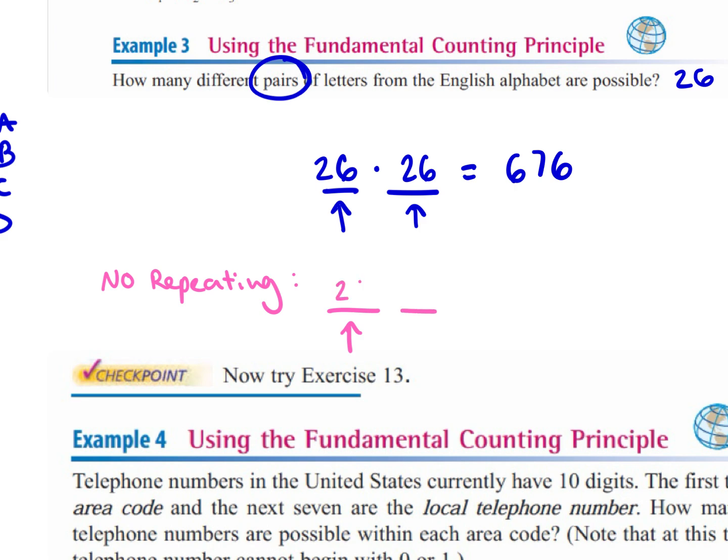I could put 26. I could put A through Z in that first spot. But let's say I had A in the first spot. And I can't repeat, so I can't also have A in the second spot. So now how many different letters could we put in the second spot? 25, 1 less. So if there were no repeating, it would be 26 times 25, which would be 650.